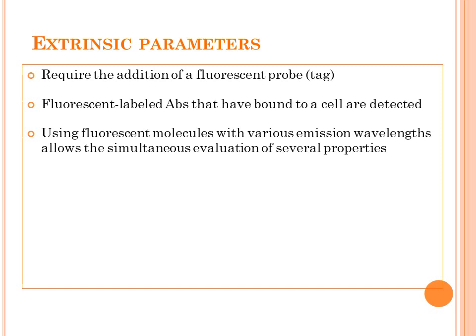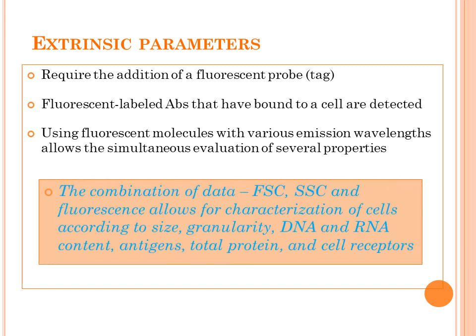And then using those fluorescent molecules with various emission wavelengths allows for the simultaneous evaluation of several properties. It's the combination of data, the FSC, SSC, and the fluorescence that allows for the characterization of cells according to size, granularity, DNA and RNA content, antigens, total protein, and cell receptors.